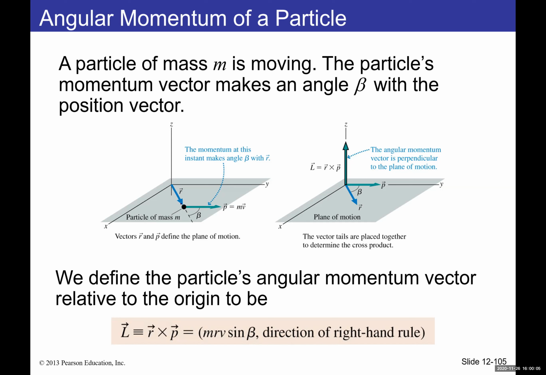So let's say we have a particle with mass m moving to the right with some velocity, so we can calculate its linear momentum, p equals m times v. But also, if we have some reference point, then with respect to that reference point we can calculate the angular momentum, which requires us to know the linear momentum of the particle and how far away that particle is relative to the reference point.